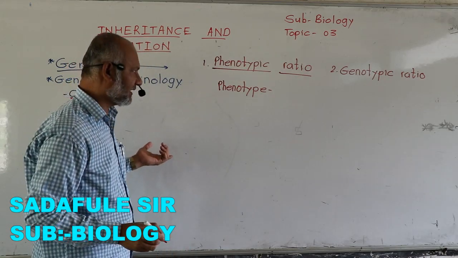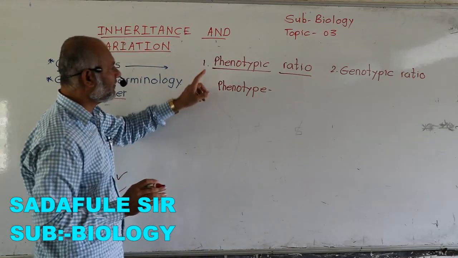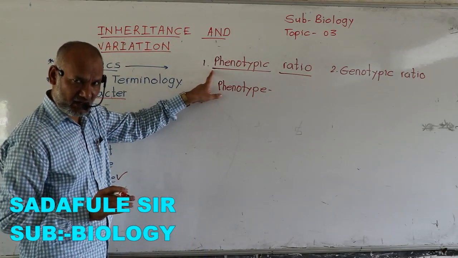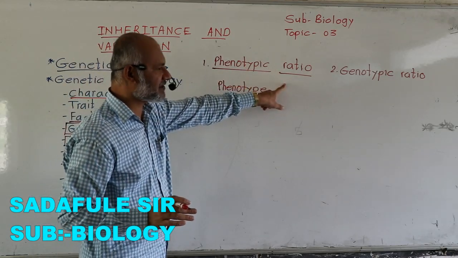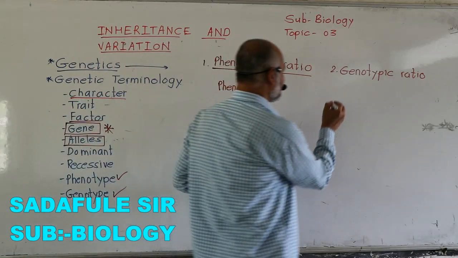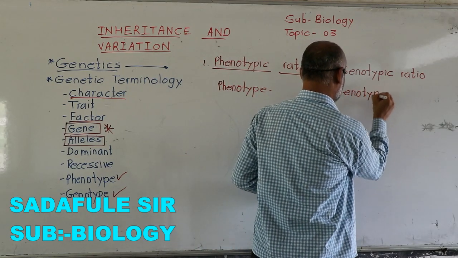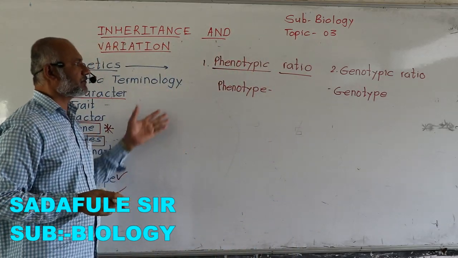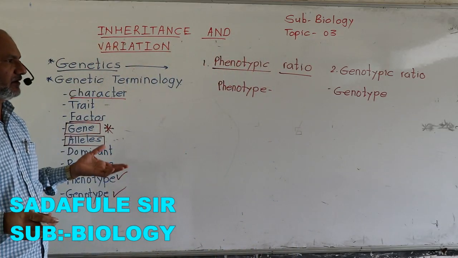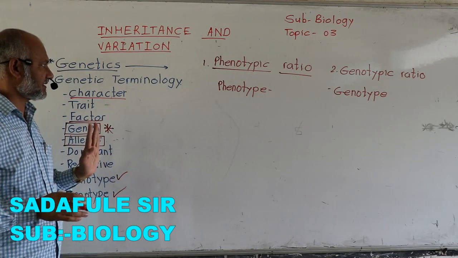We have studied earlier: phenotype is the external appearance. The ratio of individuals of any cross on the basis of phenotype is termed the phenotypic ratio. Similarly, on the basis of genotype it is termed the genotypic ratio. We have to study in detail the various ratios obtained in Mendelian crosses.